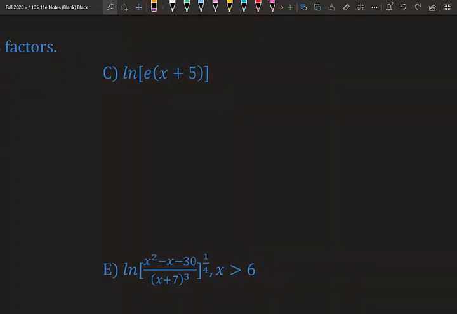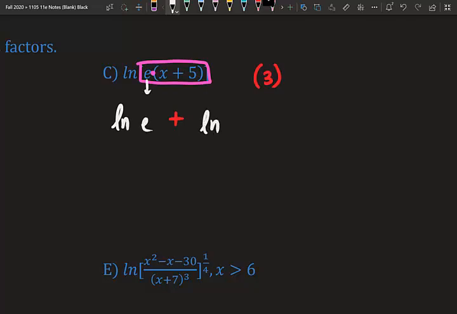Alright, moving on. So let's figure out what's happening in the argument. So in the argument, we have e times x plus 5. So since they're being multiplied, we're going to use property 3. So property 3 states that I get to split them up using an addition sign. So they're going to share ln, and the first one goes first, the second one goes second. And you would probably think we're done here, but we're not.